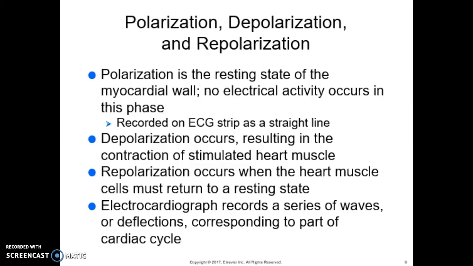Then depolarization occurs, resulting in the contraction. It stimulates the heart muscle, and it contracts. Repolarization occurs when the heart muscle cells must return to a resting state. The electrocardiograph records a series of waves, also called deflections, and these correspond to the parts of the cycle.